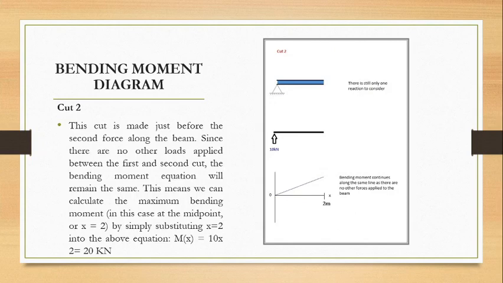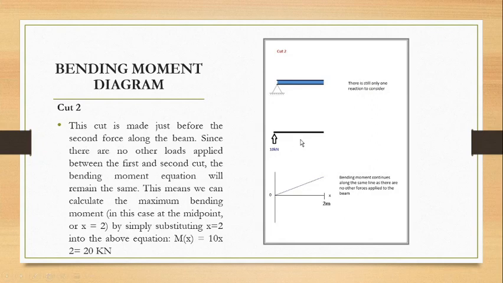Then we have to make another cut, which is going to be cut number 2, and it is going to be just before the second force. It's almost in the middle, but the force of 20 kilonewton which was exerted externally on it is not taken into account.